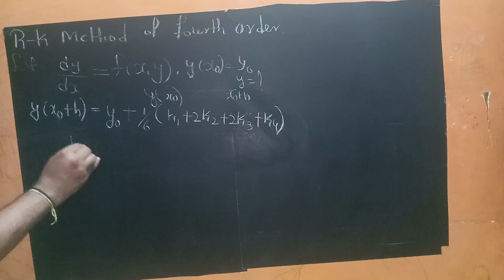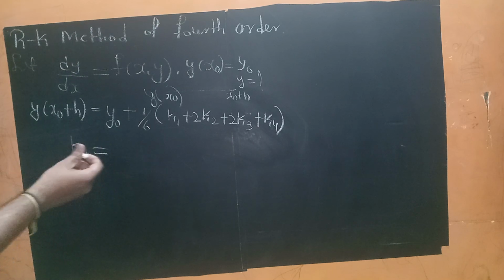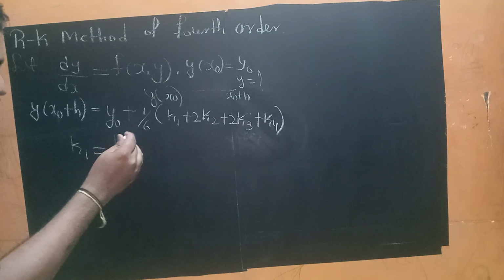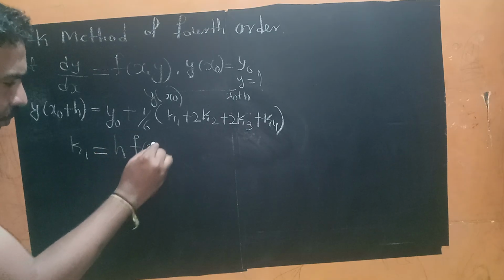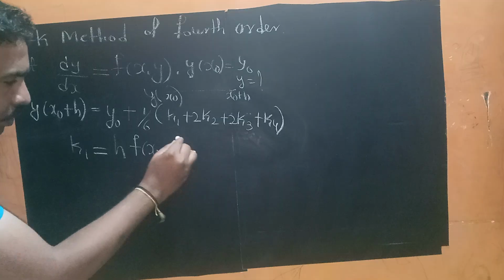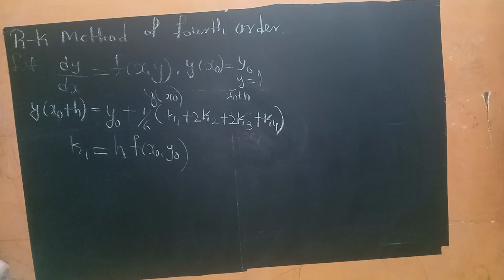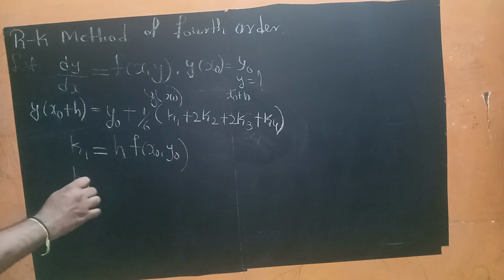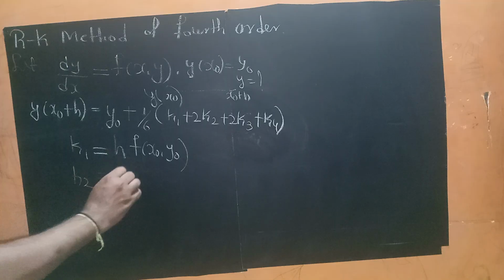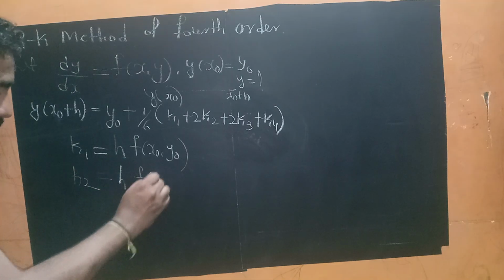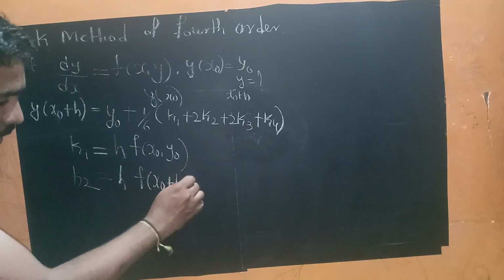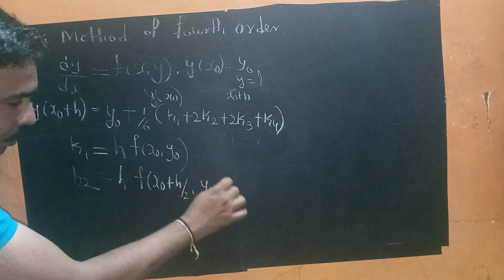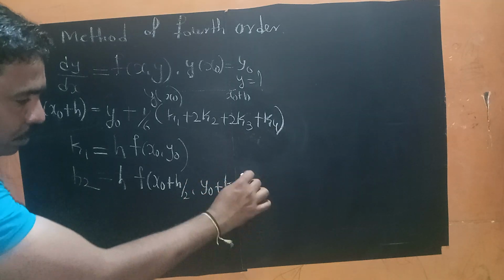First we have to find out k1 using the formula h into f of x naught comma y naught. Then k2. So what does k2 say? h into f of x naught plus h by 2 comma y naught plus k1 by 2.